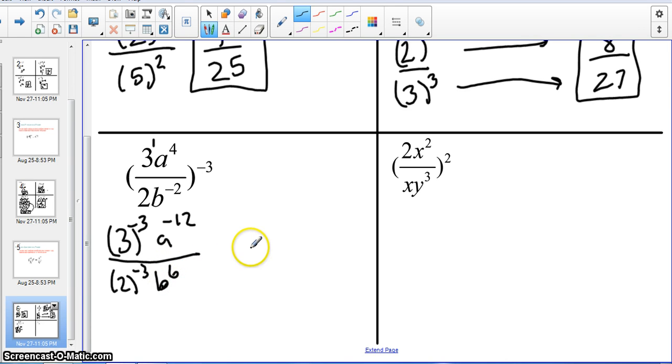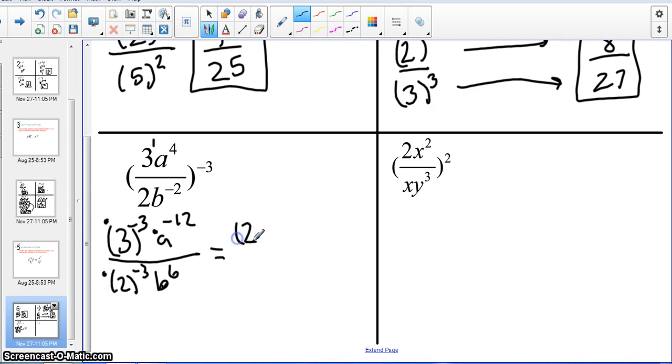So now I can look at that and say, okay, which ones have negative exponents that need to be moved? This one, the 3, the A, and the 2. So all we have to do is if they're on the top, move them to the bottom. If they're on the bottom, move them to the top.